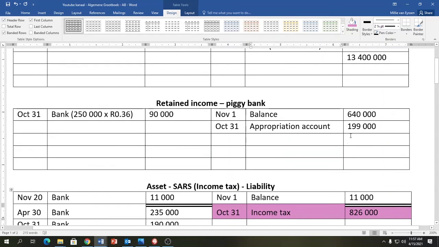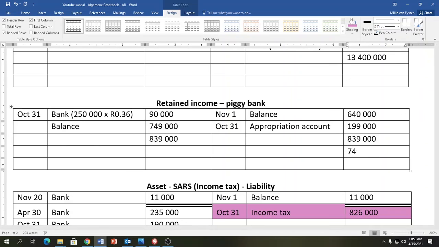Then retained income must just be balanced. So let's work that out. 839 on the one side. And then we're going to subtract the 90,000 to get a balance. So I actually have a lot of money left in my piggy bank for a rainy day. This will be November 1st.